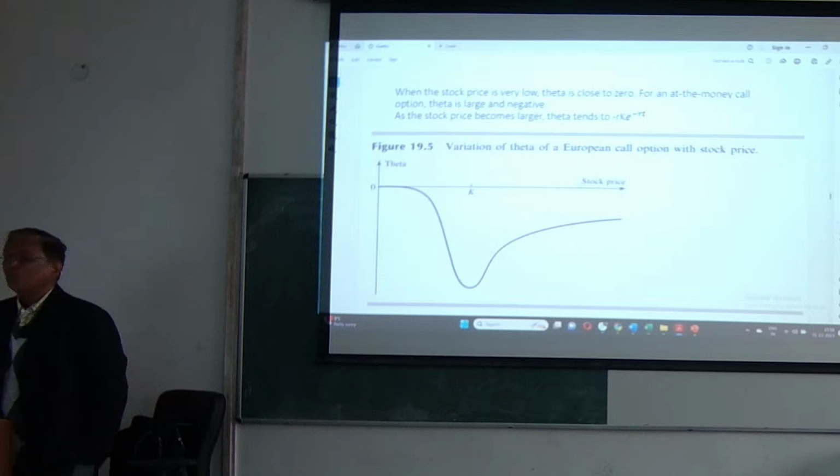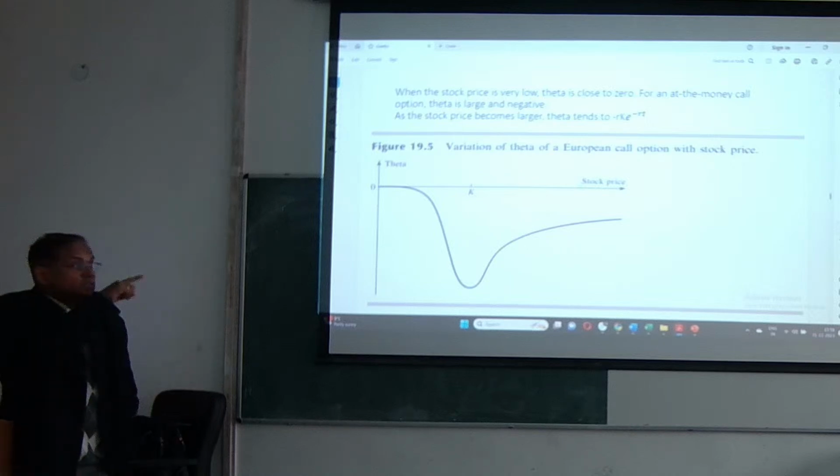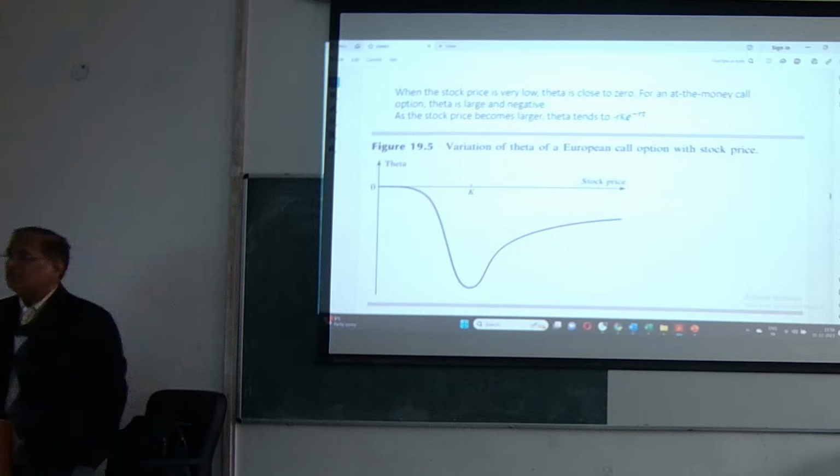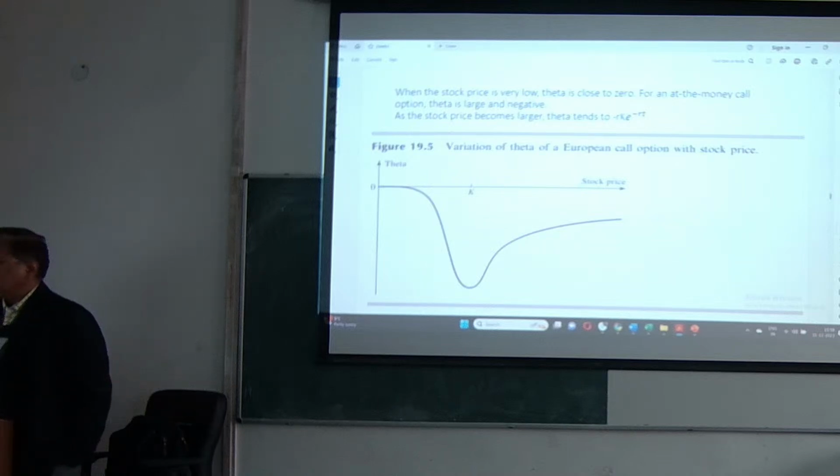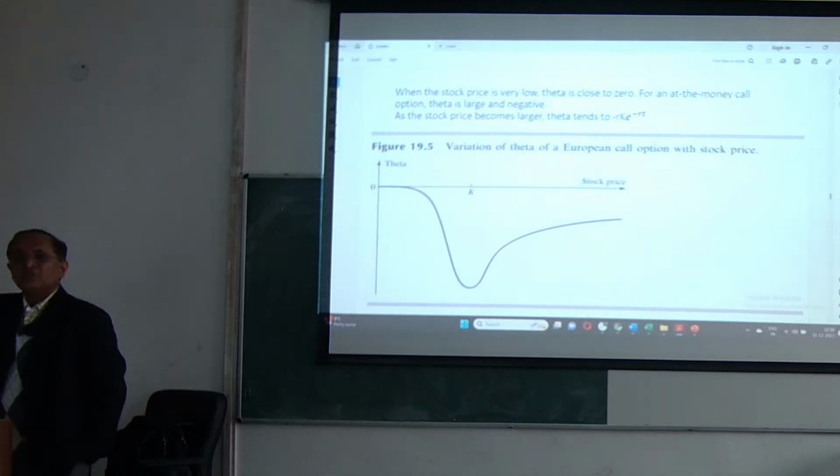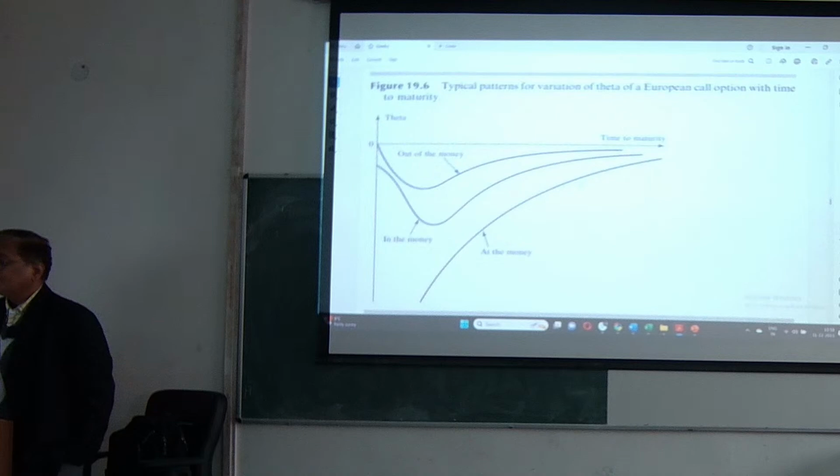As the stock price moves, at K, the strike, the maximum value of theta comes, and after that, as time is reducing, theta will also be reducing. This is the typical pattern for variation of theta for a European call option with time to maturity.